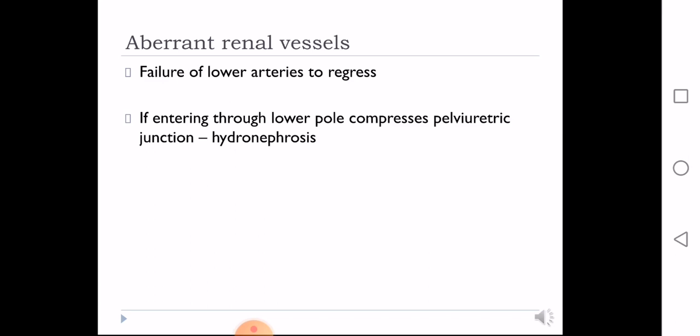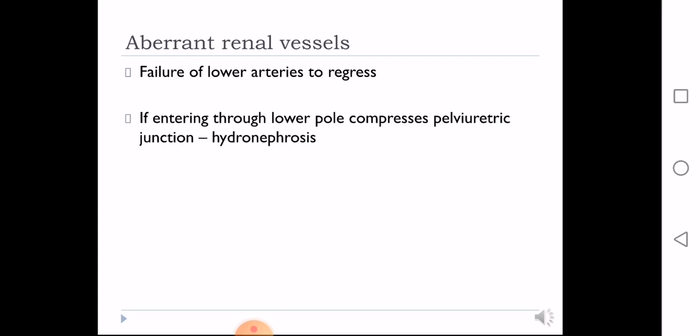As it goes up, it takes blood supply from region to region, and ultimately when it reaches its permanent position, it is supplied by the renal artery. As it goes up, the old one degenerates and a new one comes. Then it goes up again, the old one degenerates. Here, they persist. The fetal renal arteries persist.